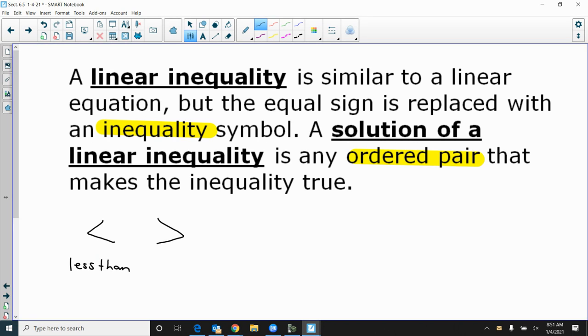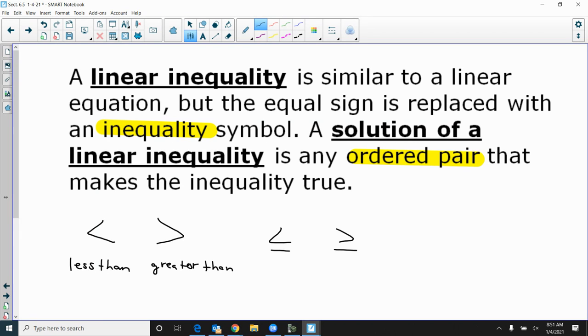If it's going the other way, it is greater than. And then we got less than or equal to, greater than or equal to. You put the line underneath it, you got the equal to part. A solution of a linear inequality is any ordered pair that makes the inequality true.